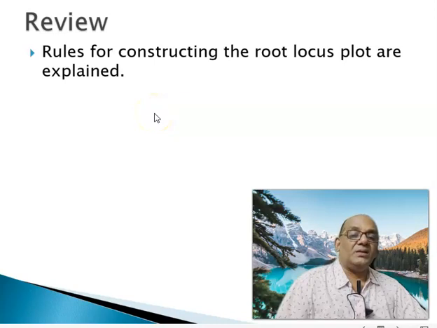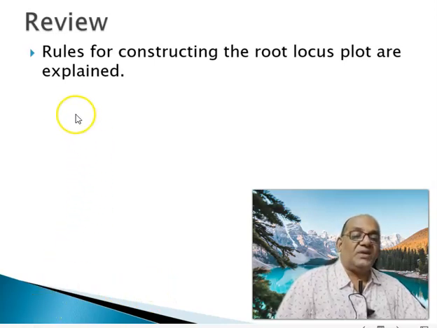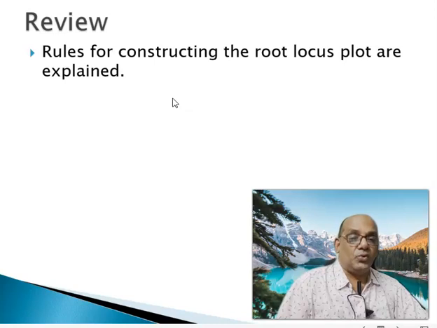We have seen that by observing the open loop transfer function, we can predict and plot the root locus effectively just by looking at poles and zeros of the open loop transfer function. We have seen rules given by Evans for constructing this root locus.